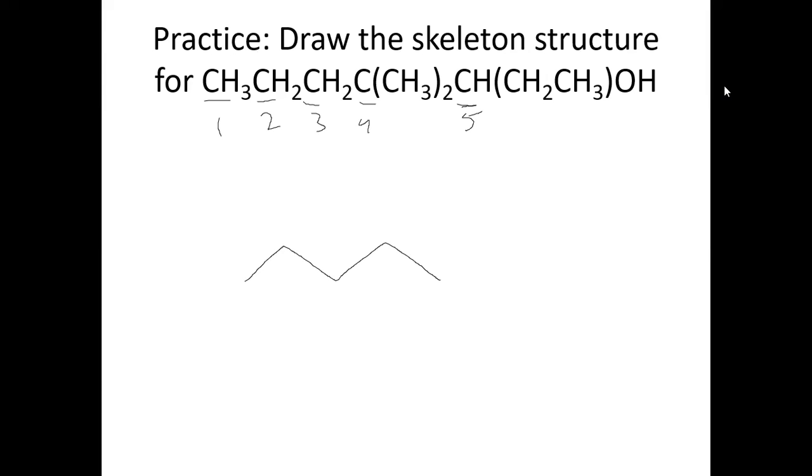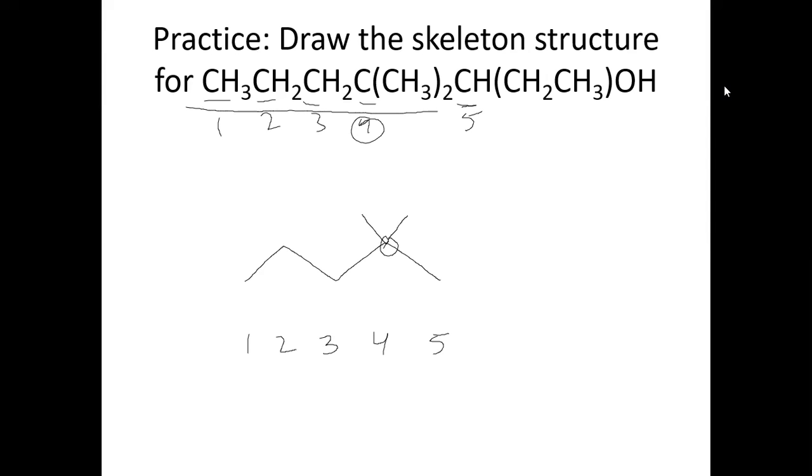Now, on carbon 4, I'm going to number here 1, 2, 3, 4, 5. What else is coming off of carbon 4? So what else is coming off of this carbon that I'm going to circle? 2 carbons, right? So this is going to be a CH3. This is going to be a CH3. So that means so far I'm good up to here.